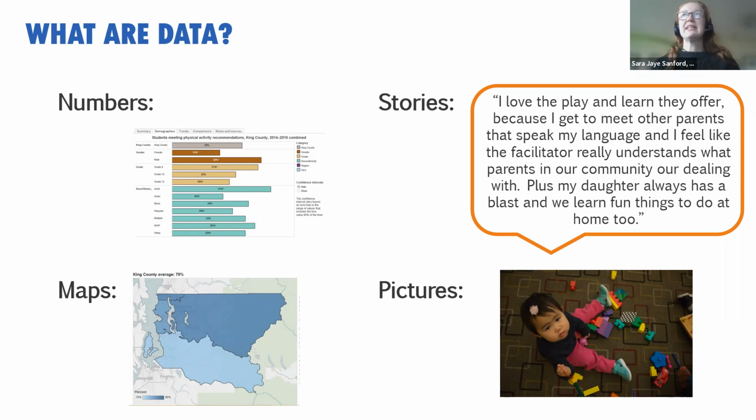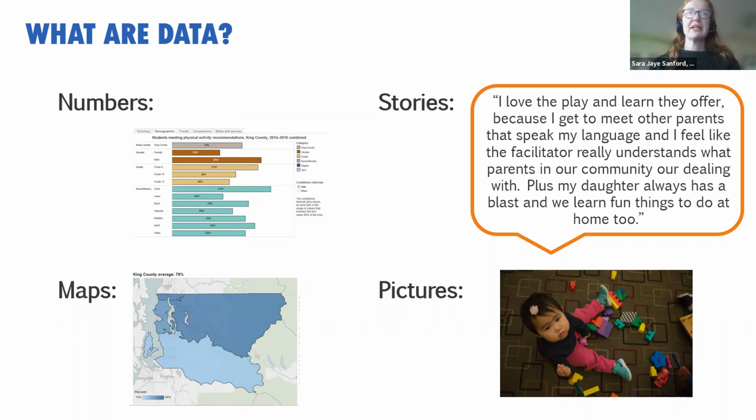First of all, when we say data, especially in Best Starts for Kids, we mean data in a really big picture way. So that definitely includes numbers. That's usually the first thing that pops into folks' heads when they hear the word data. And for sure we mean numbers, but it could be geographic data like maps. It could be narrative data like quotes and stories from members of your organization or clients or program participants.